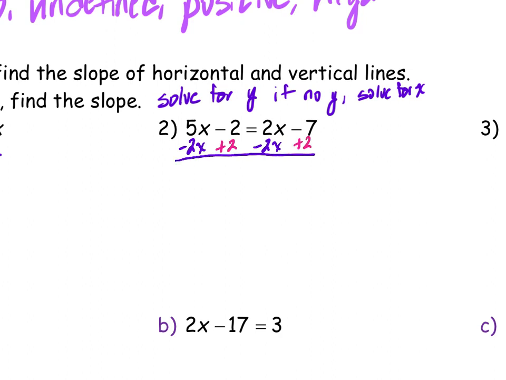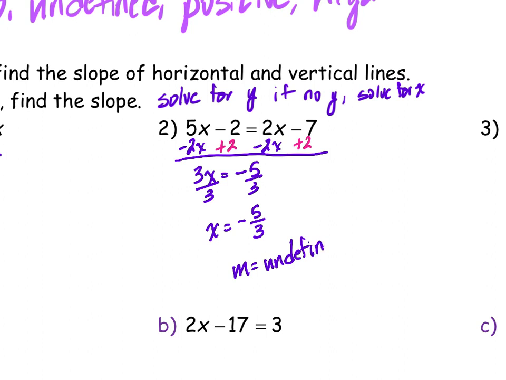So what do I get? 3x equals -5. Then divide by 3, and x is going to equal -5/3. Awesome. So now this is x. It's going through the x-axis, which means my slope is undefined. Okay, awesome. Good job.